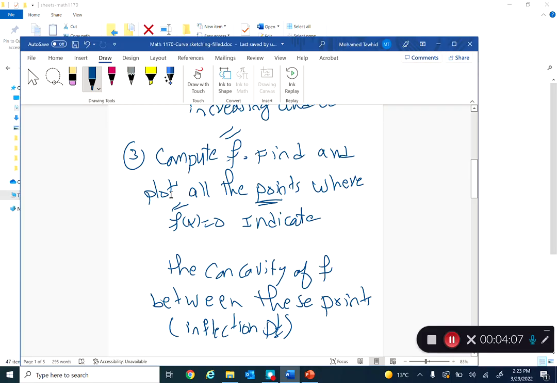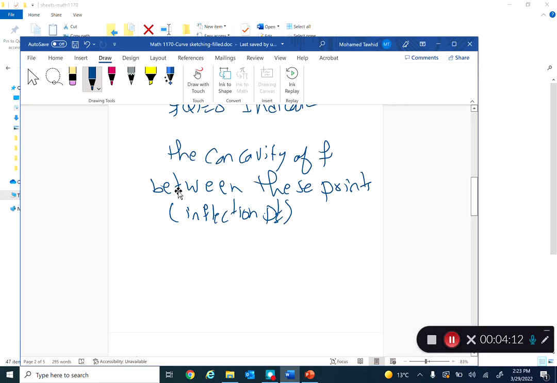Number 2, the point must be inside the domain. Number 3, the concavity is going to change before and after.